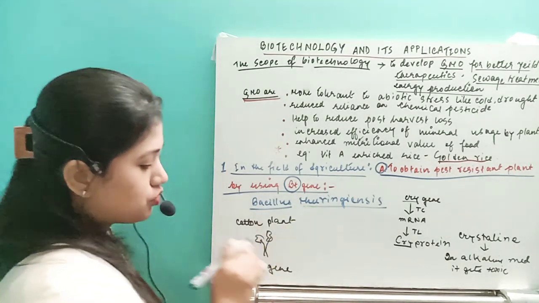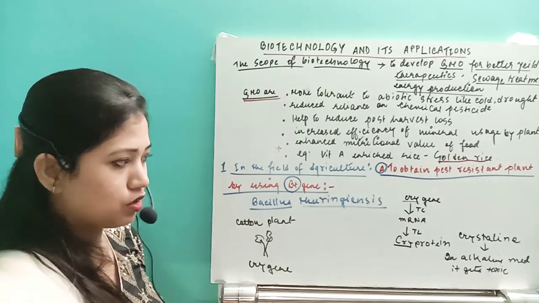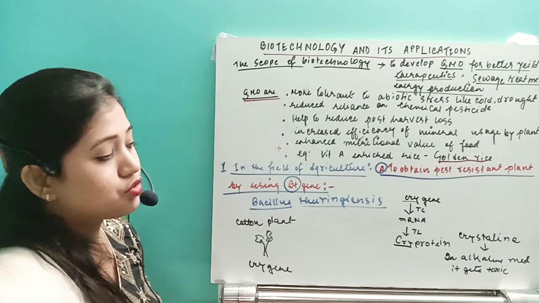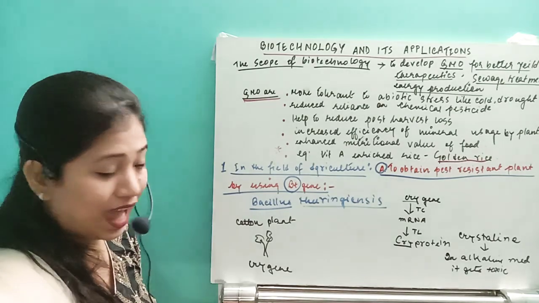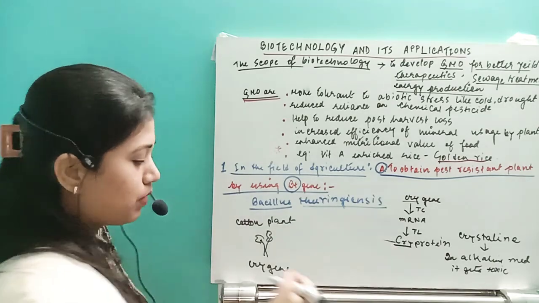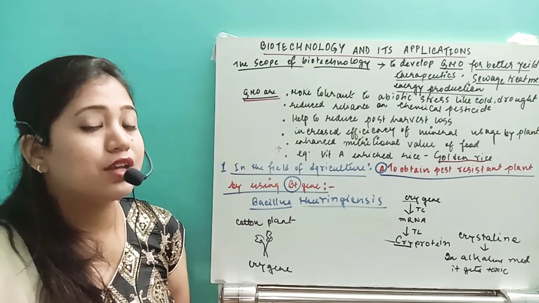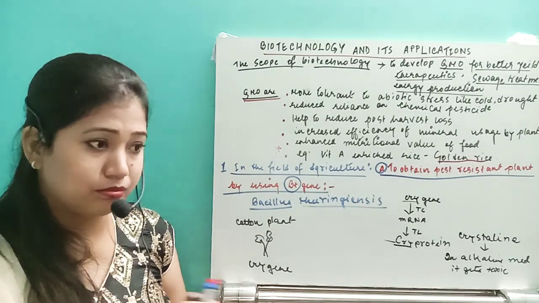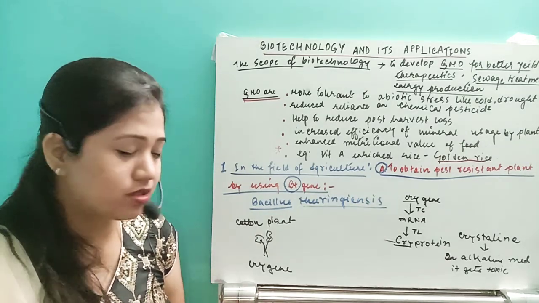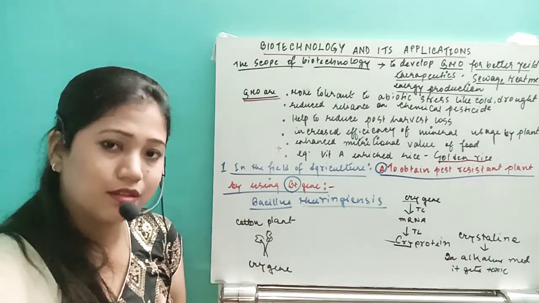Okay, right? So in that plant, what is the cry gene going to do? It undergoes transcription and translation. So whenever it undergoes transcription and translation, what is it going to produce? The cry protein. But does the plant have any alkaline medium? No. So if the plant doesn't have any alkaline environment, that means this cry protein is not going to harm the plant, right?